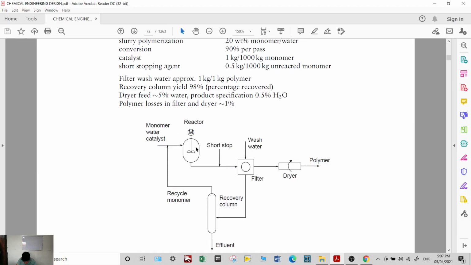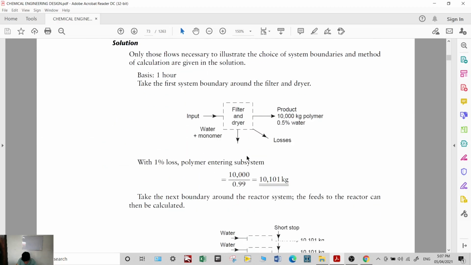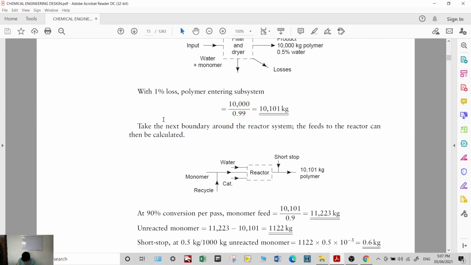The reactor is what we will analyze next. So on the reactor side, these are the components that pass to the reactor. You have water, you have the monomer, you have the catalyst, and then you have the recycled monomer.